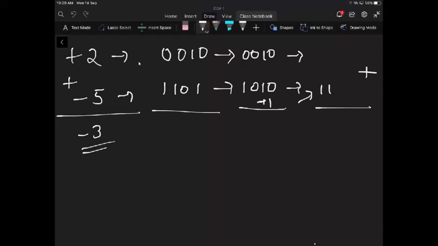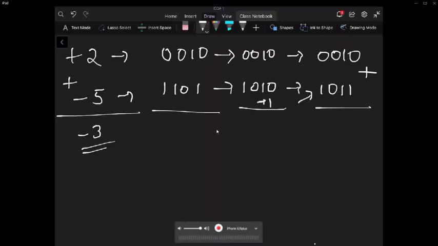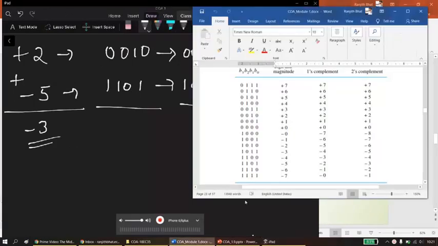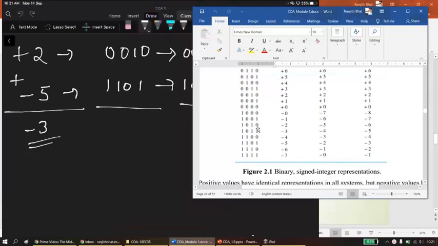So 1 0 1 1 will be my 2's complement. The same number will be retained for 1's complement for a positive number. So in case you want to check, we need ultimately the 2's complement.